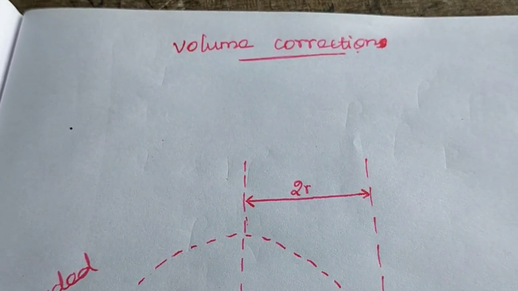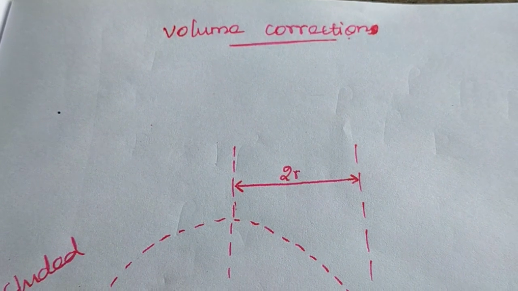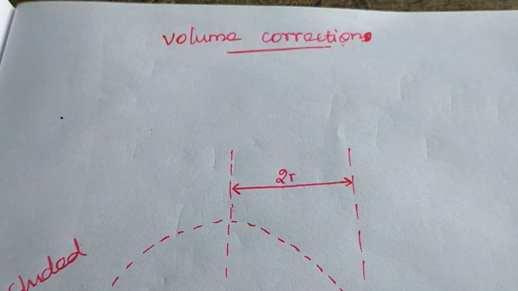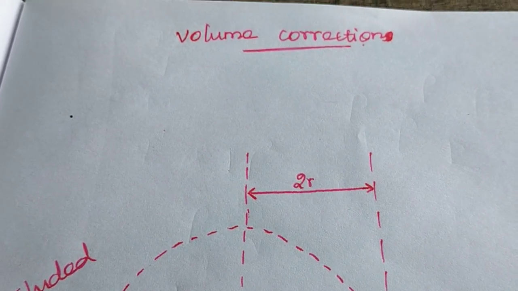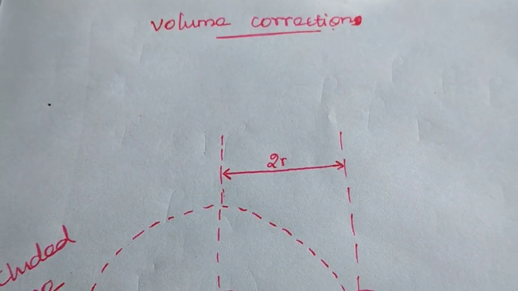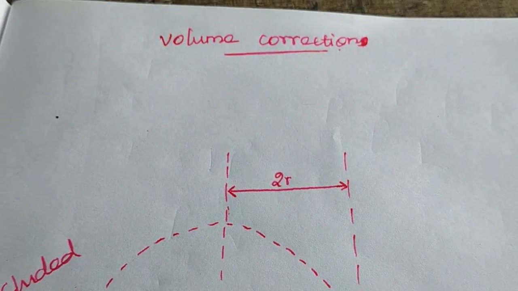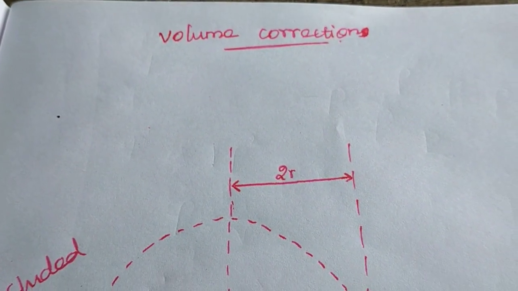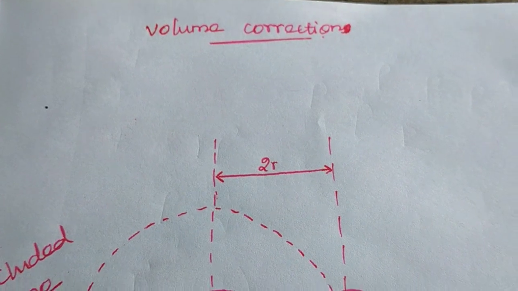Today's class we will discuss volume correction and Andrews isotherm. Yesterday we discussed pressure correction. So what is the need of this volume correction and pressure correction in the ideal gas equation PV equals nRT?